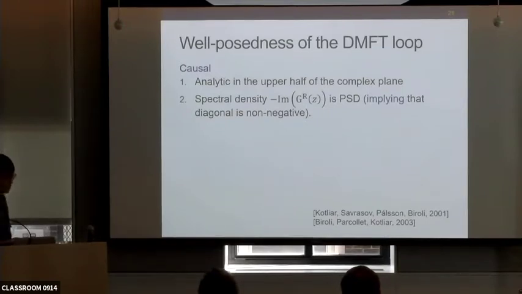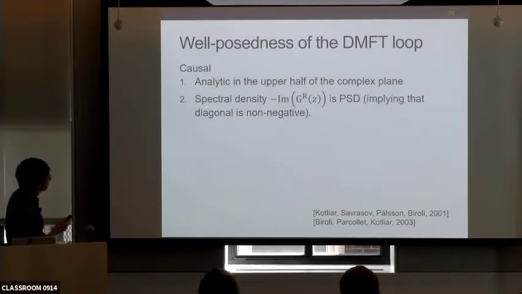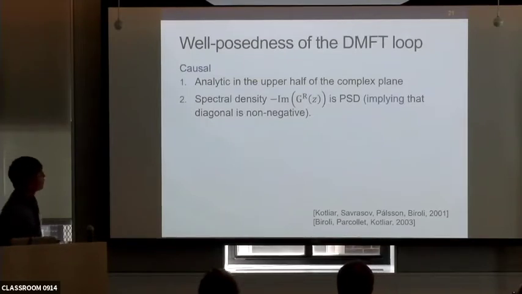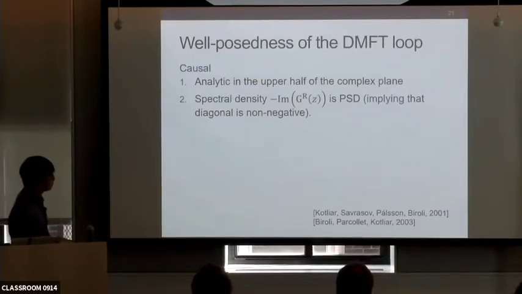And second, even more importantly, the spectral density, or imaginary part of the Green's function, should be PSD. And of course, when it is PSD, it implies that the diagonal is non-negative. I found there are excellent papers written by people in this audience illustrating in different scenarios why things are causal.